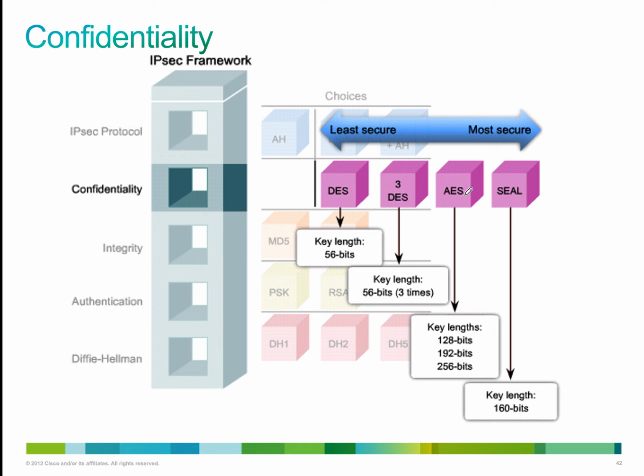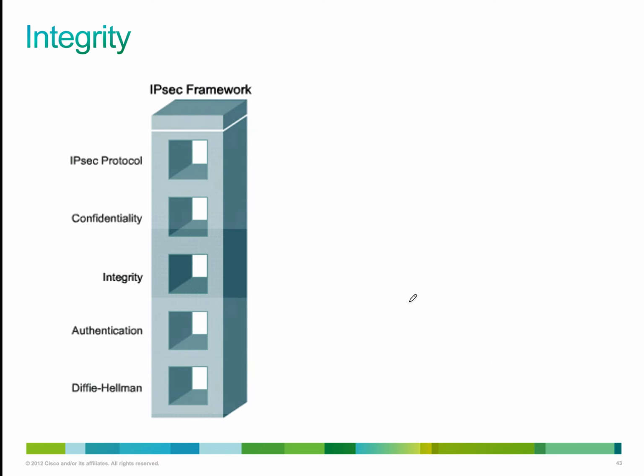A very secure one is the AES, and the most secure one is SEAL. The DES supports a key length of 56 bits. 3DES supports 56 bits, and thrice of it. The AES key length supports 128 bits, 192 bits, and 256 bits. And the SEAL supports about 160 bits key length.